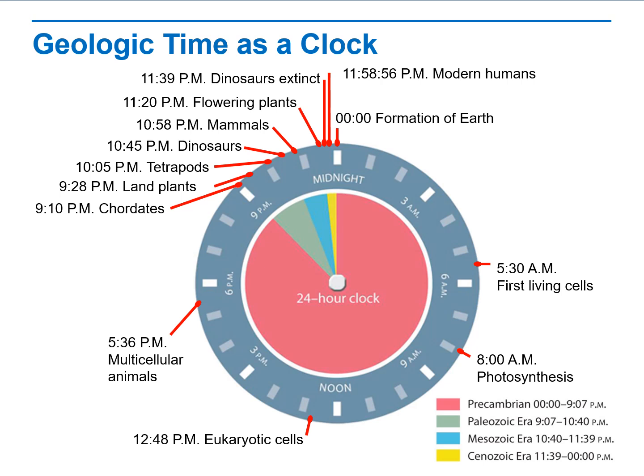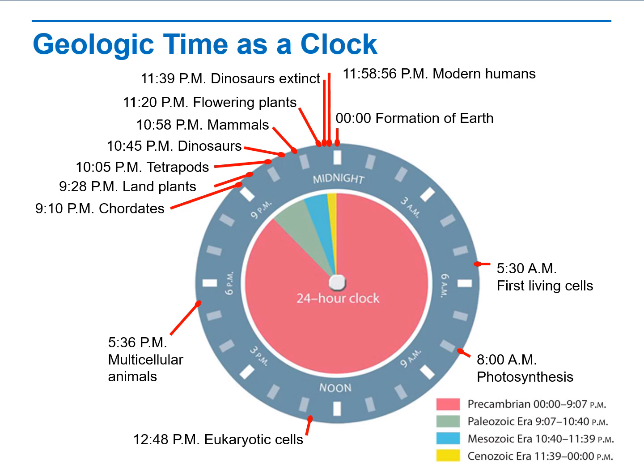And if you look at different events of life, you can see the first living cells evolved fairly early on, and then photosynthetic organisms started generating oxygen, so they started taking in carbon dioxide and giving off oxygen. So that's over an enormous time period that our atmosphere became oxygen rich.